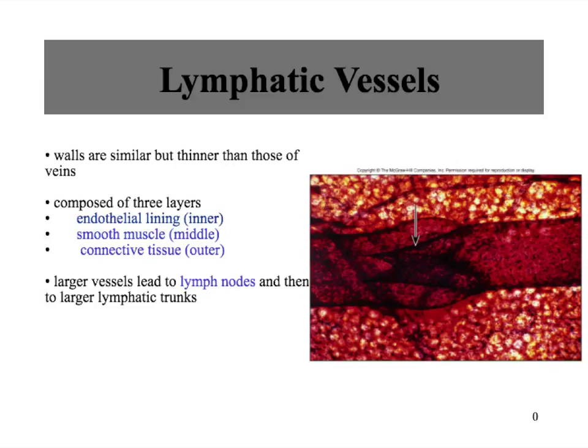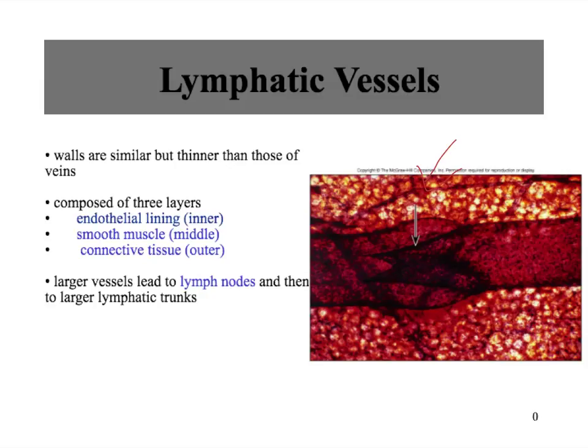From the last slide, we mentioned that the pressure is very low in some of these vessels due to the lack of blood pressure. The walls and the structure of some of these lymphatic capillaries are actually very similar to blood vessels with regard to valves. As you can see here in the illustration, they're showing you this flap of tissue. It's just a flap of the endothelial lining of that tissue.